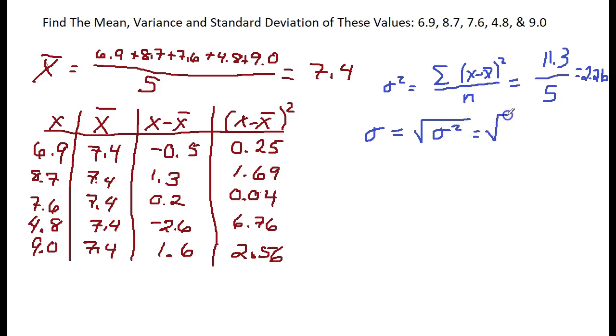So that means the square root of 2.26, which, rounding to the nearest tenth, is 1.5. So here's our mean, here's our variance, and here's the standard deviation. Alright, enjoy all these fun-loving statistics.